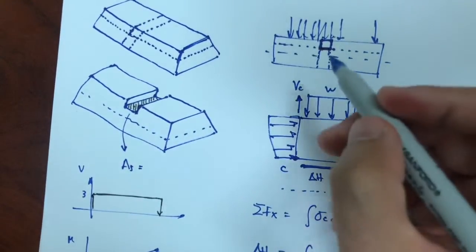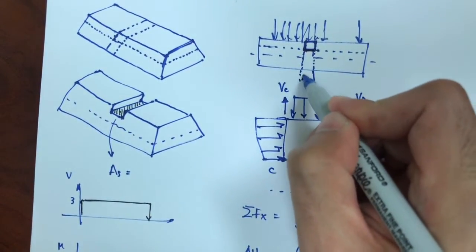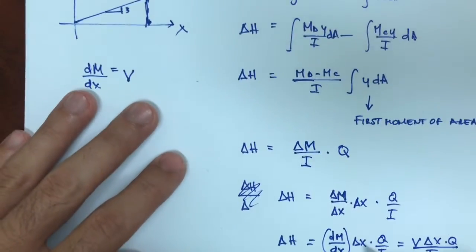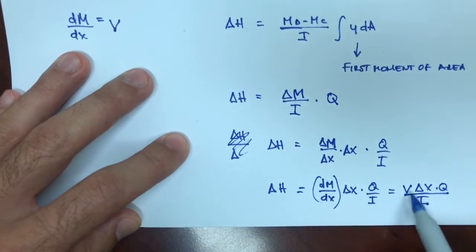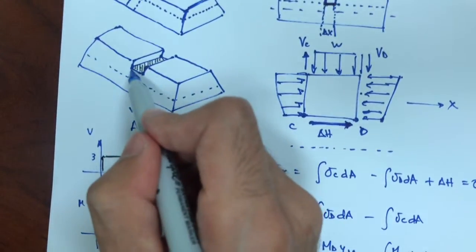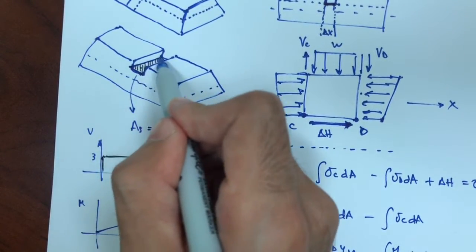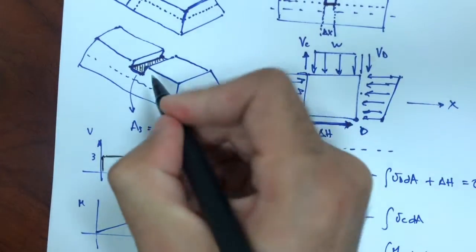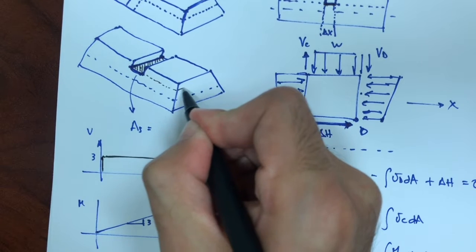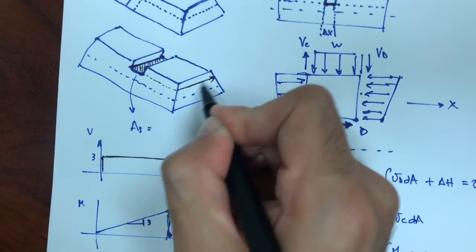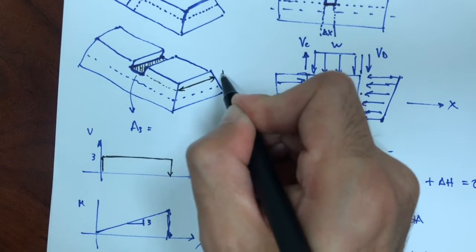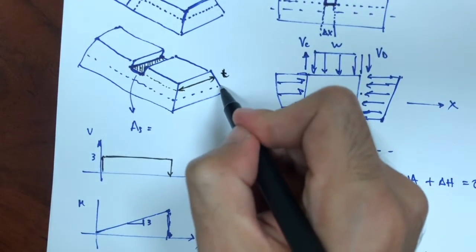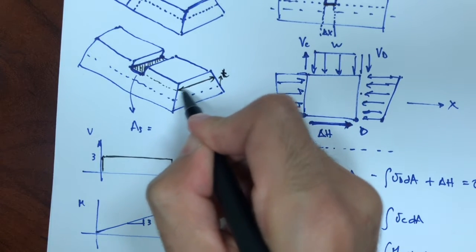It would be equal to my delta x, that I just defined and used for turning this delta M to a V, times this length, which is what we define as t. That's the thickness at a specific distance from the neutral axis going up.